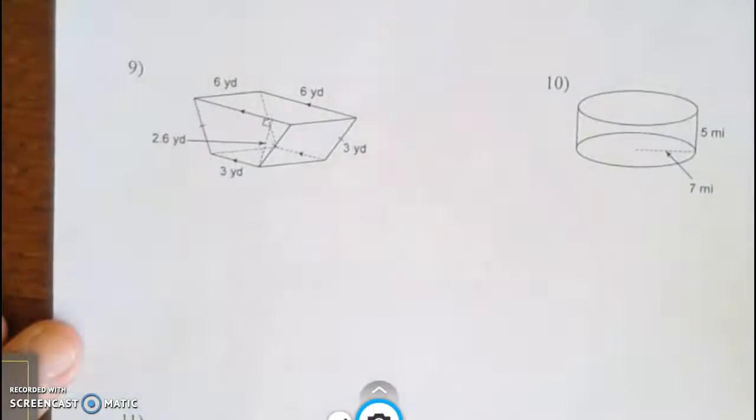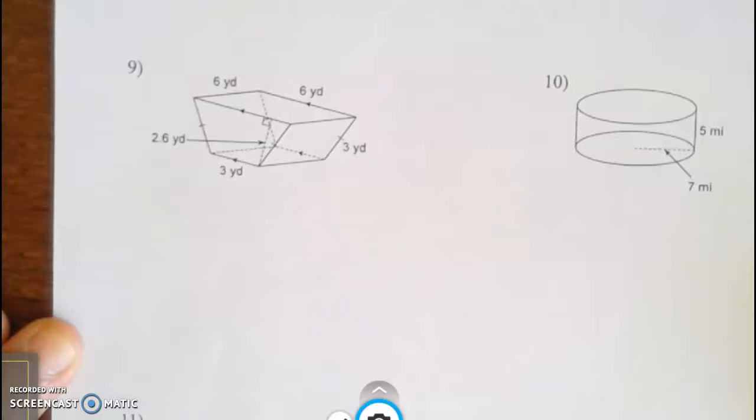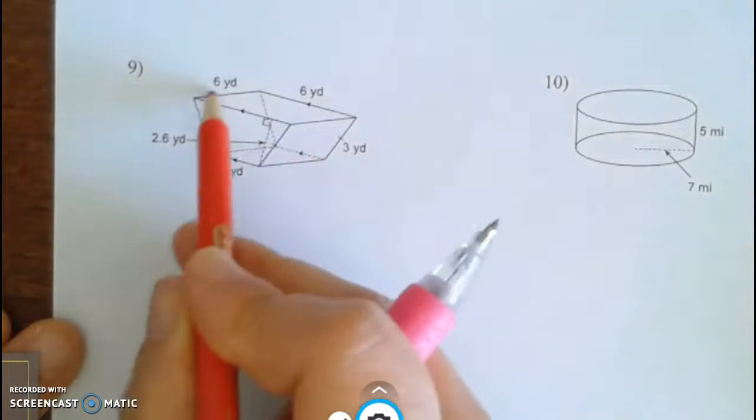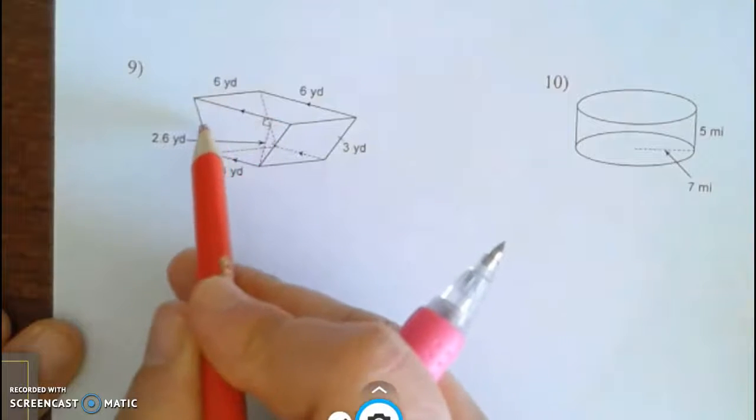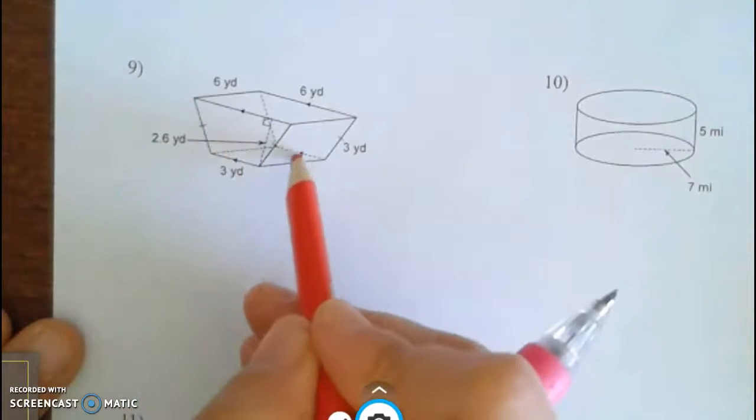The first thing you need to identify is what sort of shape the base is. You should have two identical shapes, completely congruent. You might think this rectangle and this rectangle look about the same. That's true, but they're not parallel to each other.